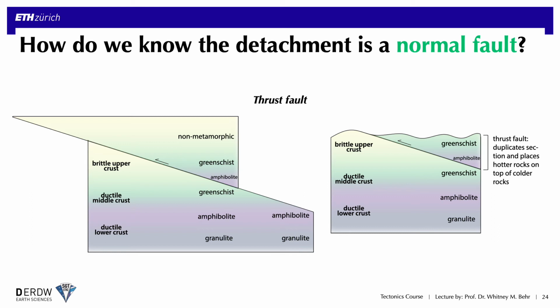And what we should find is that the thrust fault actually duplicates section and is placing hotter rocks from the amphibolite facies on top of colder rocks beneath them. So this in fact does the exact opposite of what we see showing up along the Whipple detachment.